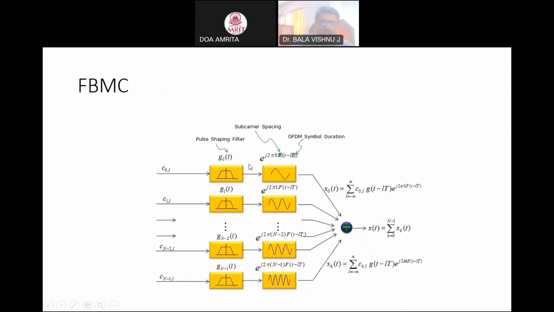And the next important technology is FBMC, which we call filter bank multicarrier. The disadvantage we felt in orthogonal frequency division multiplexing is that it has less spectral efficiency due to the cyclic prefix, and also the peak to average power ratio, which is the ratio of the power of the subcarrier having the maximum power divided by the average power of all the subcarriers.